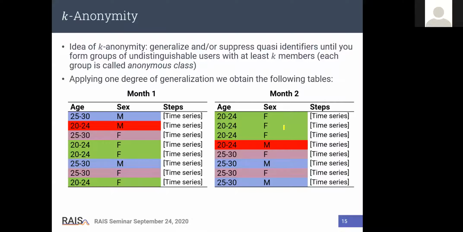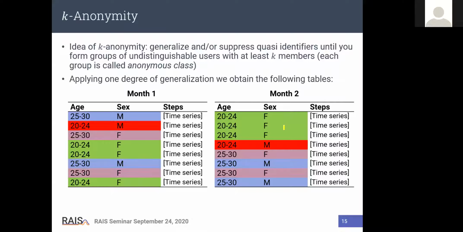So a range of 5 possible ages, which still partially preserves the information, but gives less specific information. And so it is more likely that more users will share the same attributes.